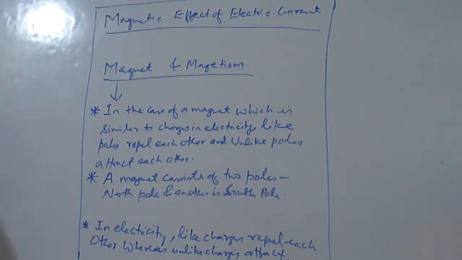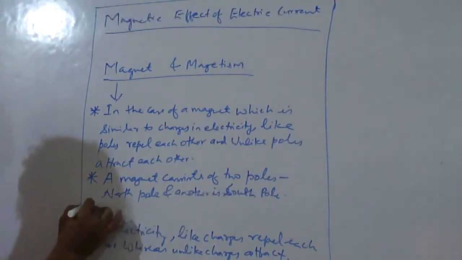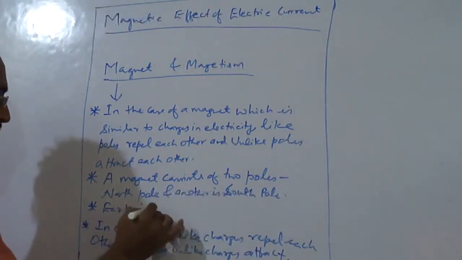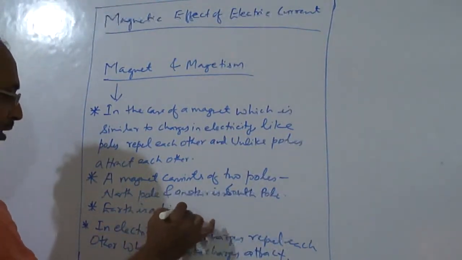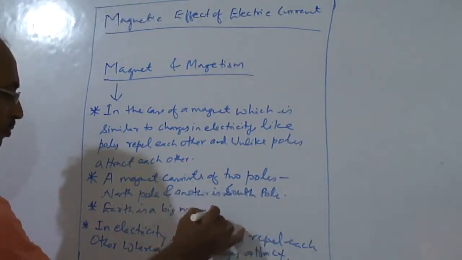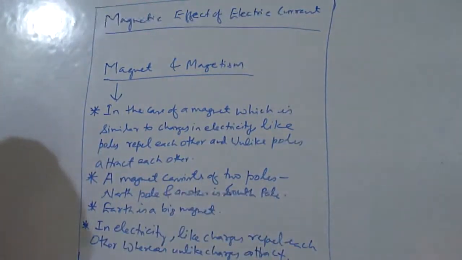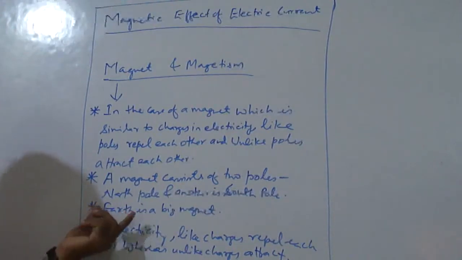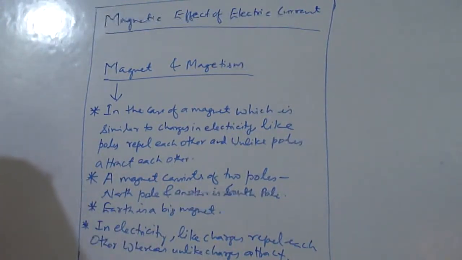Yes, sir. That is why all bodies are attracted towards the center of the Earth. So Earth is a big magnet, due to which it has strong magnetism, and all bodies are attracted towards the center of the Earth. Correct? Yes, sir.